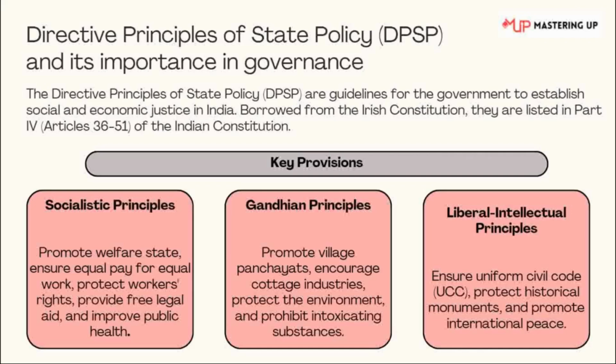Gandhian principles: promote village panchayats, encourage cottage industries, protect the environment, and prohibit intoxicating substances. Liberal intellectual principles: ensure uniform civil code, protect historical monuments, and promote international peace.